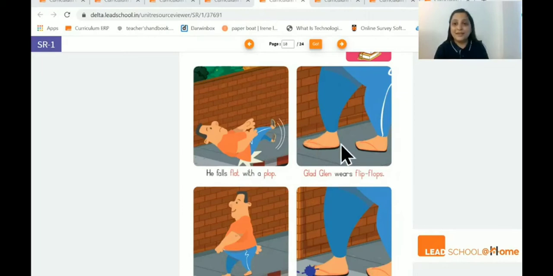Now look at Glad Glen. What is he wearing now? Do you know what these are? Yes, these are flip-flops. Let's read the words. You know what this is? Yes, glad, Glen. And what this is? Flip, flops.